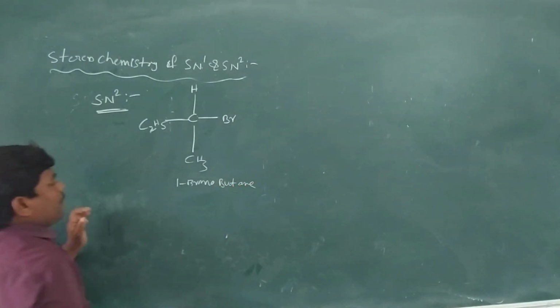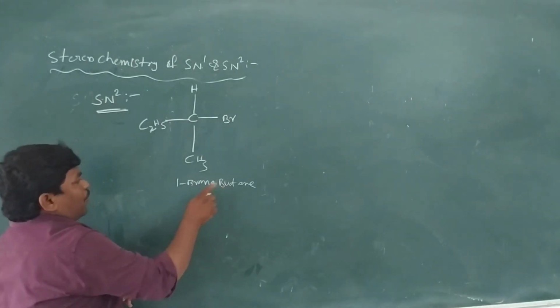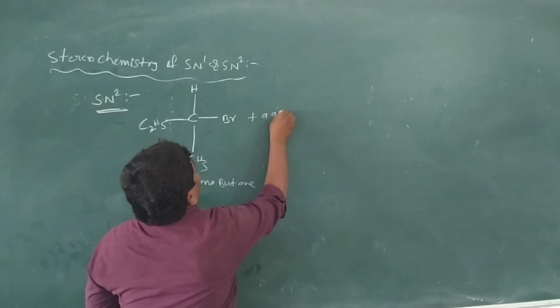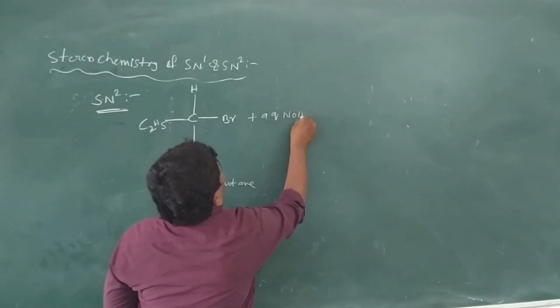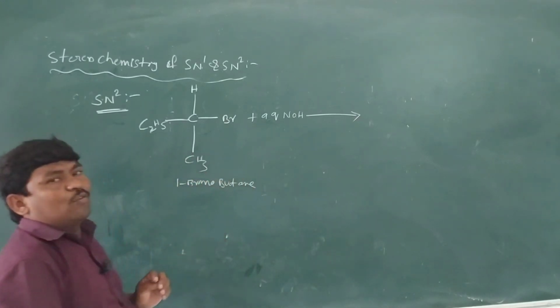The compound name is 1-bromo butane. 1-bromo butane reacted with aqueous NaOH to form Walden inversion.